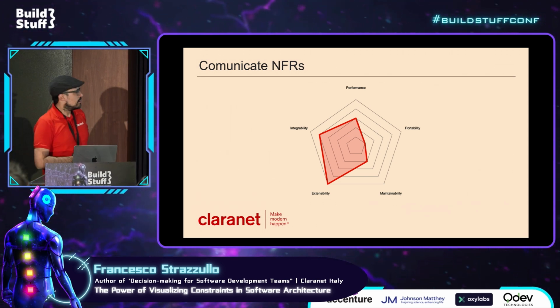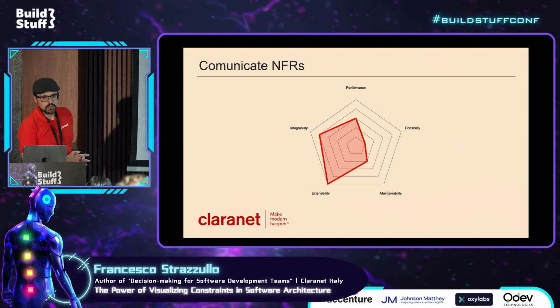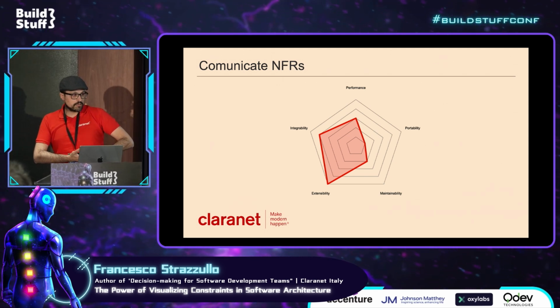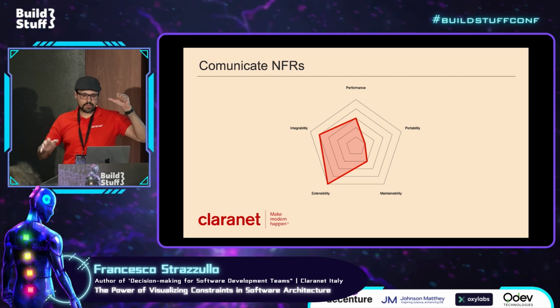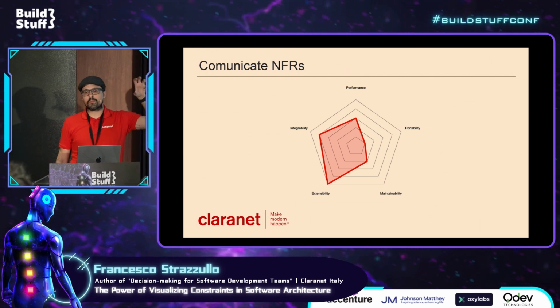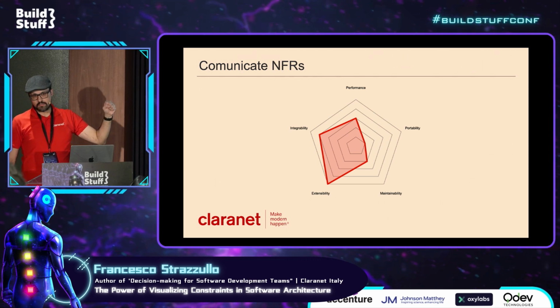Okay? Let's take this for example. I can read this chart in this way. In order, the first stuff, performances, portability, maintainability, extensibility, and integrability, are our top priorities. Full stop.